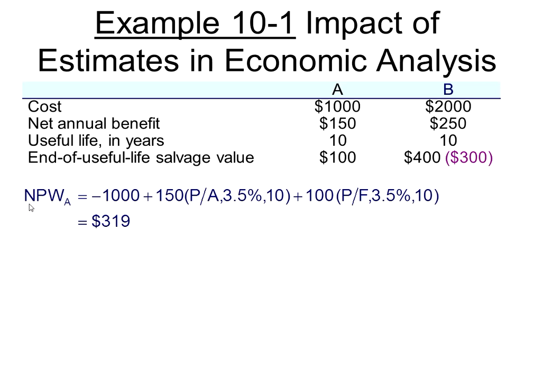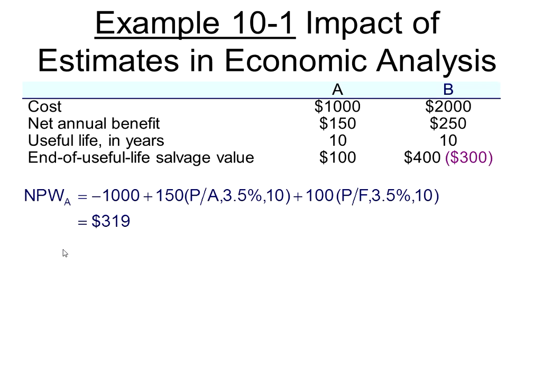So P given F, the same discount factor, the same order, P given F, 3.5%, 10 years. So when we plug in the values for P given A and P given F and evaluate this expression, we get 319 as a net present worth of alternative A.